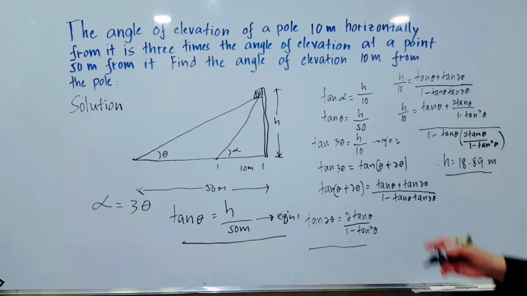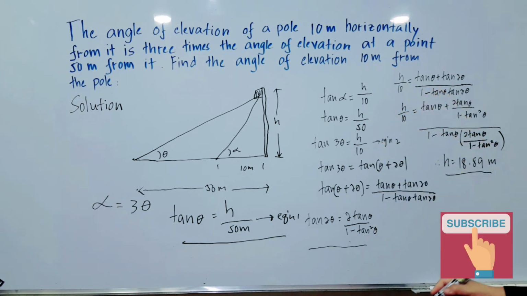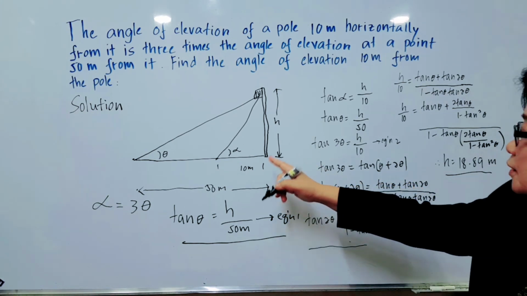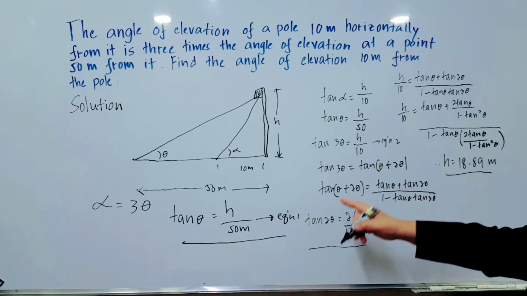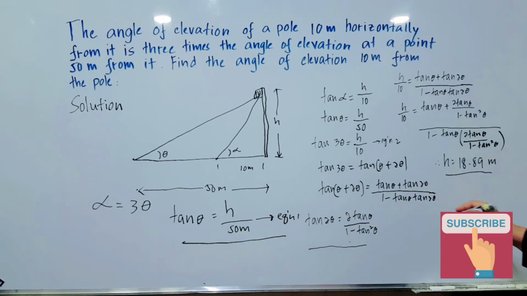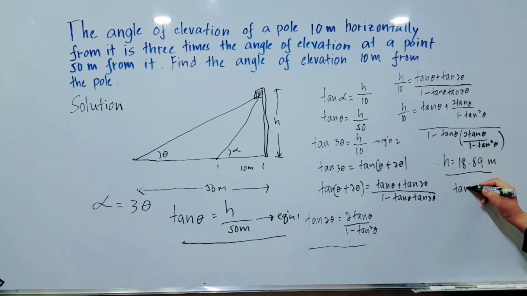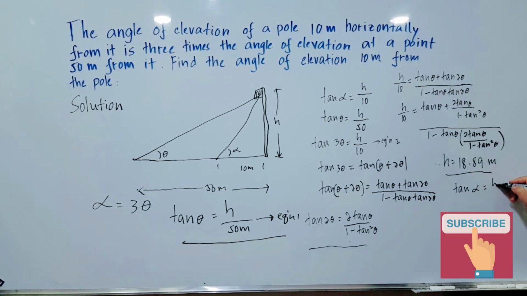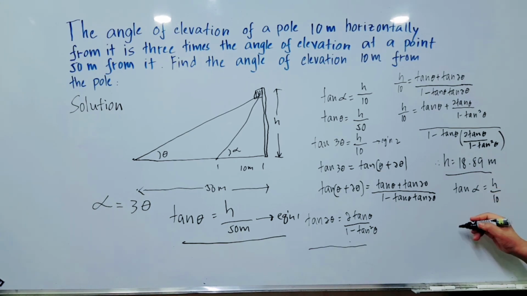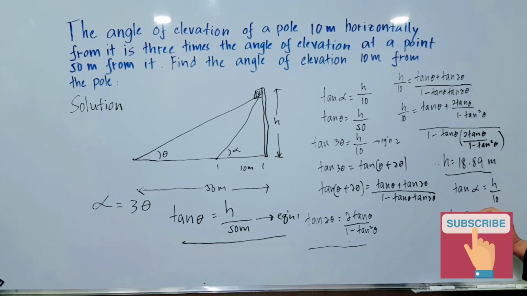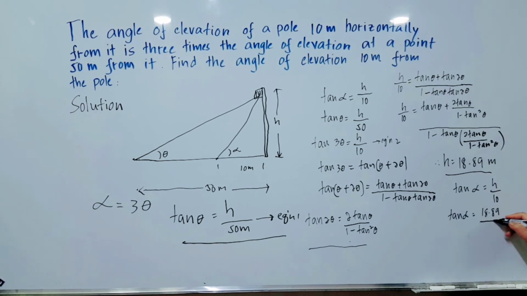Now, ang hinahanap natin is the angle of elevation 10 meters from the pole. Since we're looking for theta, we can use this equation: tangent of theta is equal to h over 10. Now, substituting the value of h, which is 18.89, divided by 10.